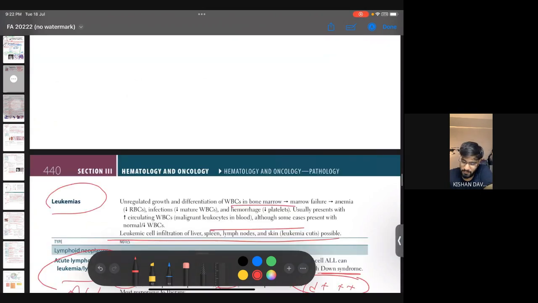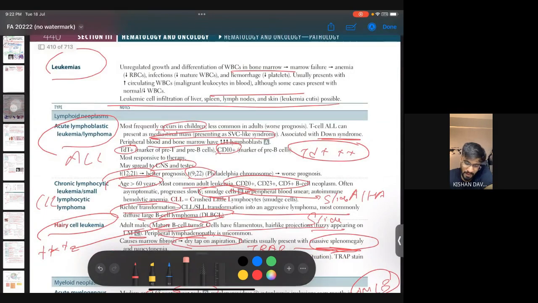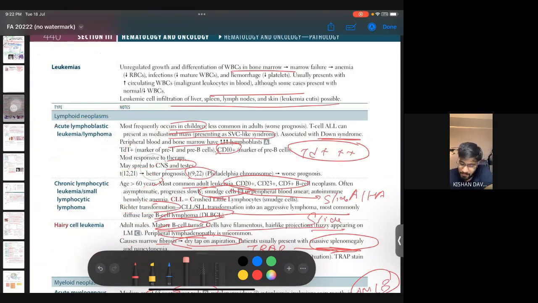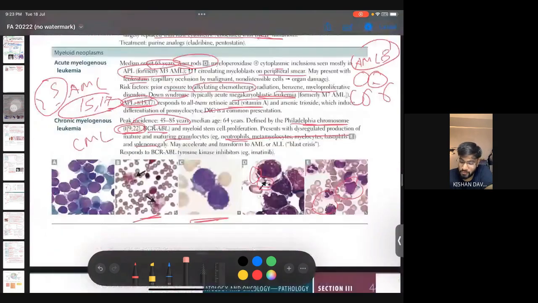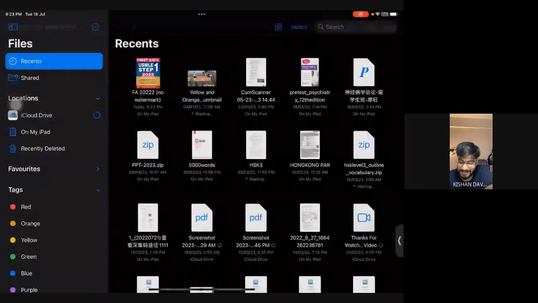All right, moving ahead. Now coming to the main part of the WBCs, and this is going to be difficult to catch, especially the CML and CLL type.